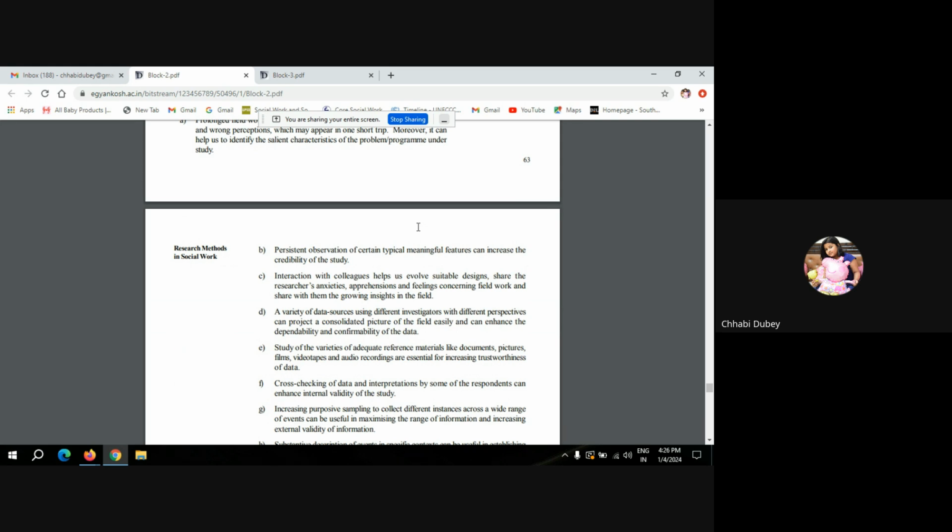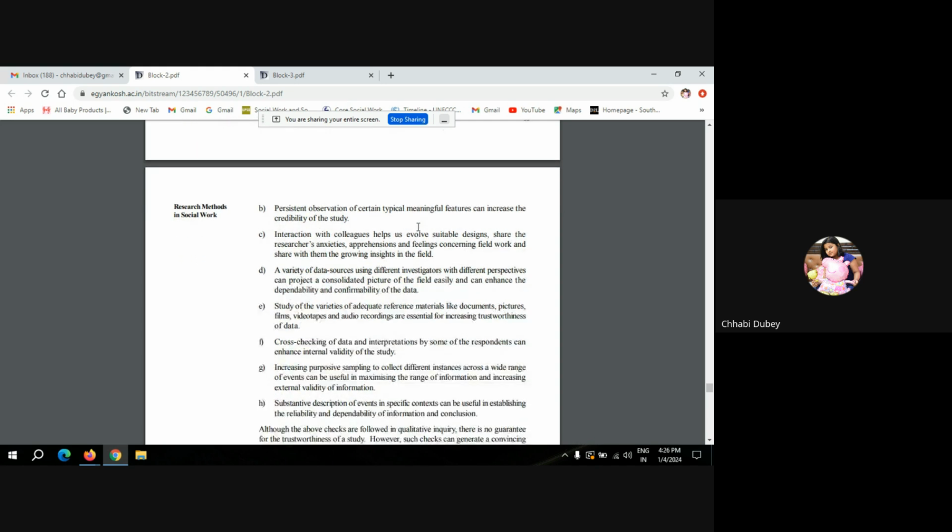Then a variety of data sources can be used by investigators. They come with different perspectives, and they can definitely bring more variety to the study. Then study of varieties of adequate reference materials.